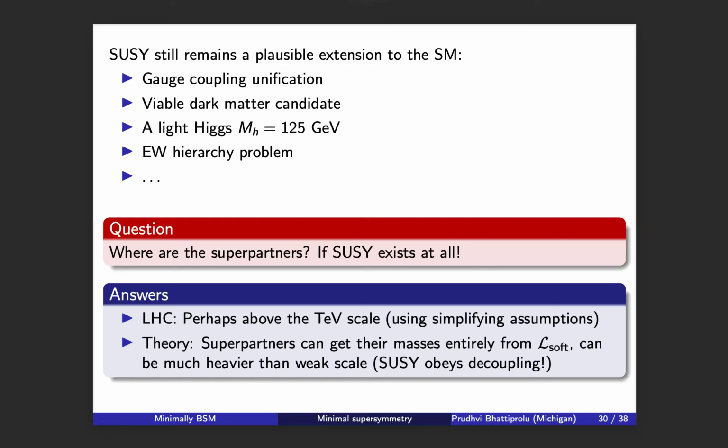Whereas from the theory point of view, we must keep in mind that superpartners can get their masses entirely from soft breaking terms, and there is no reason why we should expect them to be of order the weak scale, well, apart from addressing the hierarchy problem. That's still an issue, I agree. But in principle, the superpartners can be much heavier than the weak scale. And also remember that SUSY obeys decoupling, so the more massive I make the superpartners, the better it agrees with the standard model.